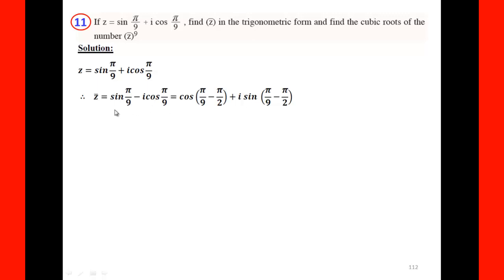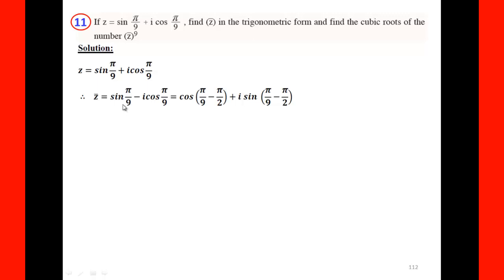To put z bar on its standard form, we convert sine to cosine by subtracting pi over 2, as cosine pi over 9 minus pi over 2 equals sine pi over 9.